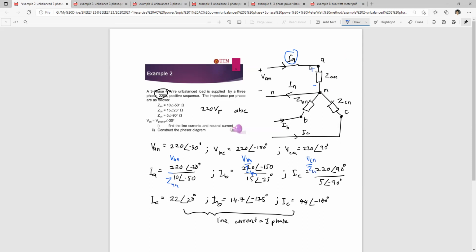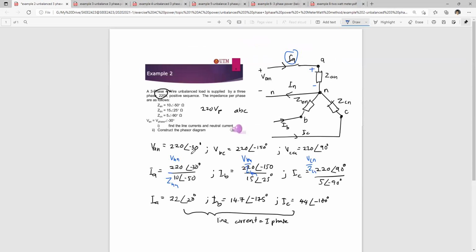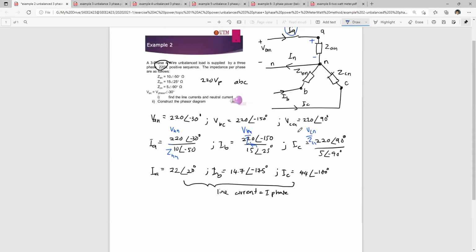Finally we obtain the values of IA, IB, and IC. From that you need to construct the phasor diagram, which I think is very easy and straightforward, and you should have no problem with that.